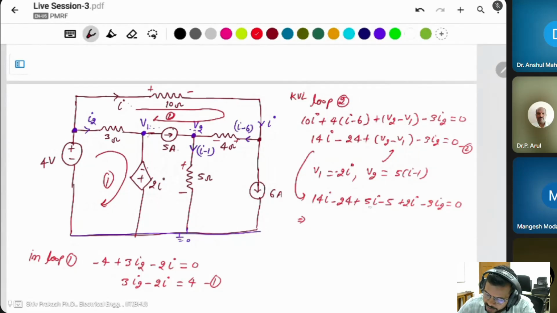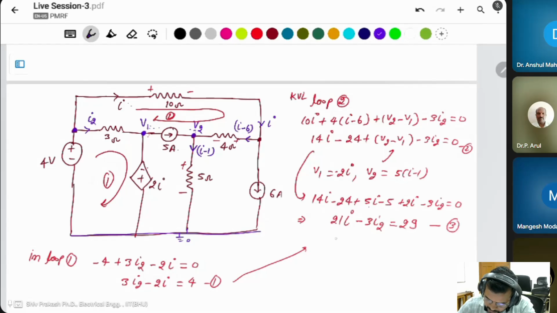14 plus 5 is 19, plus 2 is 21I, minus 3I2 is equal to 24 plus 5, 29. Equation number 3 here, equation number 4 here.